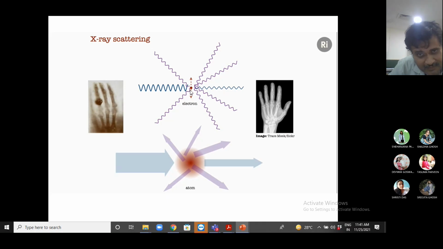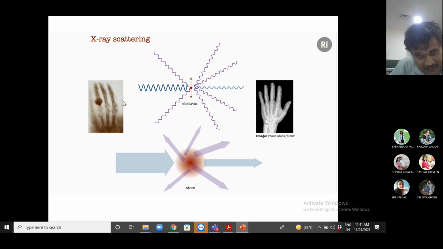The X-ray photon will be scattered in various directions by this oscillating electron. So the incident beam of X-ray will be scattered in all 360-degree spherical directions, and a tiny portion will be transmitted, and that is why we get an image like that.